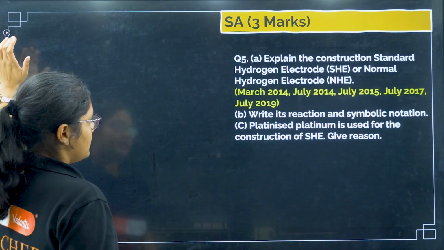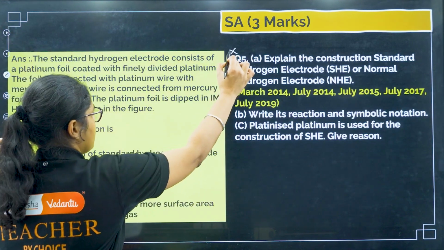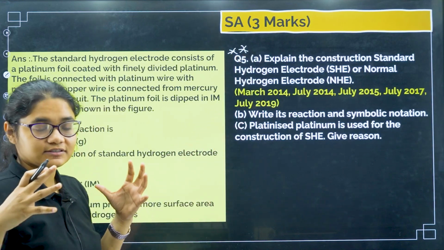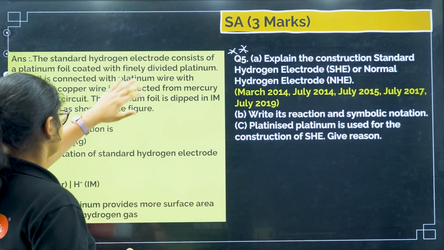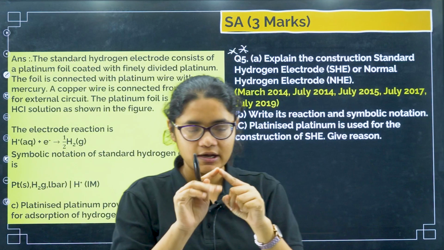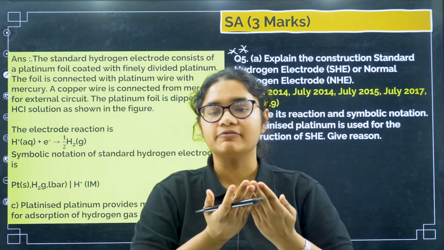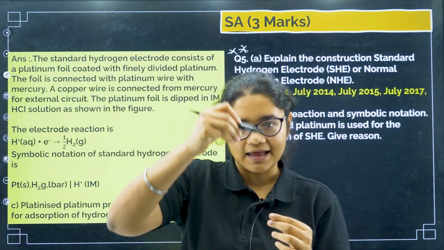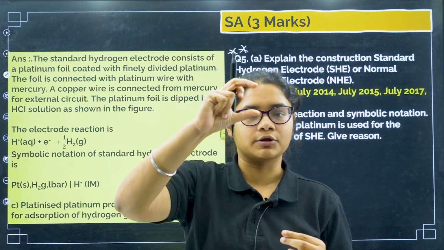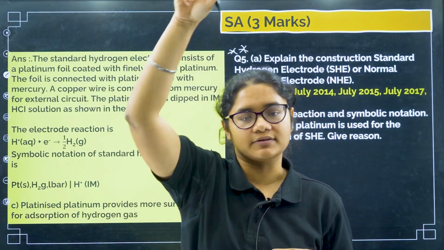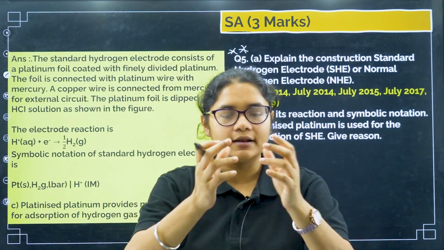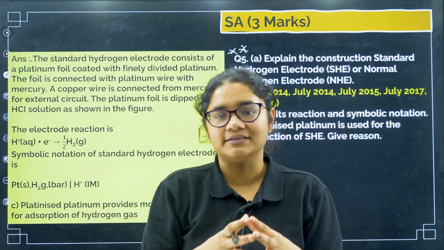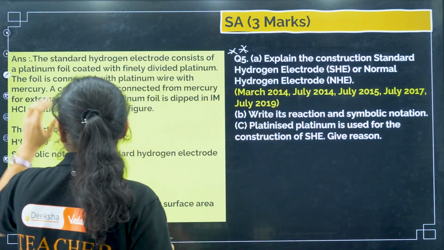Okay. Next, SHE. This is a very important question, right? Standard hydrogen electrode, its construction: you have a platinum foil, it is covered with finely divided platinum, then it has a platinum wire, which is connected to mercury, then you have a copper wire for the external circuit. Now this whole setup is dipped in a 1 molar HCl solution. How can you show that?